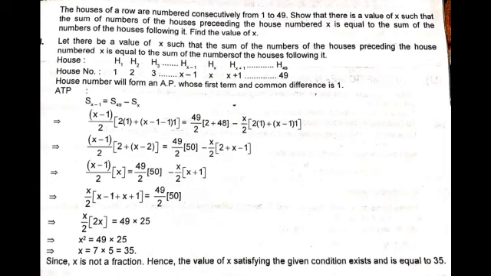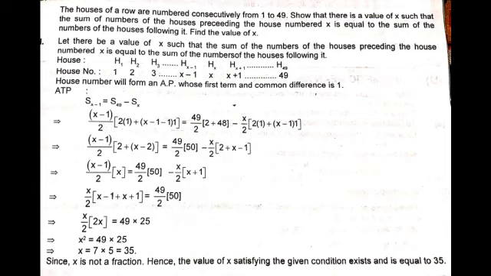According to this, we can write the sum of house numbers from 1 till x minus 1 is equal to the sum of house numbers from 1 to 49 minus the sum of house numbers from 1 to x. Using the formula, we can write (x minus 1) by 2 into (2 into 1 plus (x minus 1 minus 1) into 1).